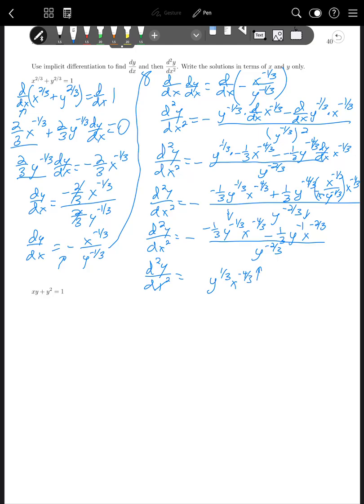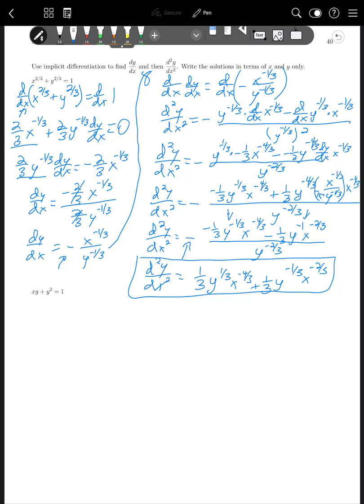And then over here, y to the negative first divided by y to the negative 2/3, you subtract, and so that's going to be y to the negative 1/3. And then the other thing that happens here is we can distribute this negative. So negative times negative is a positive 1/3. Negative times a negative is a positive 1/3. Okay, so this is our answer for the second derivative.